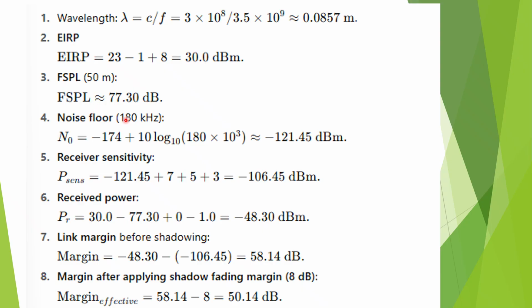Noise floor with 50 meter, 180 kilohertz is minus 121.45 dBm. The receiver sensitivity, the additive of all the components, is minus 106.45, received power minus 48.30, link margin 58.14 dB, and after subtracting the shadow margin, the effective margin equals 50.14 dB.